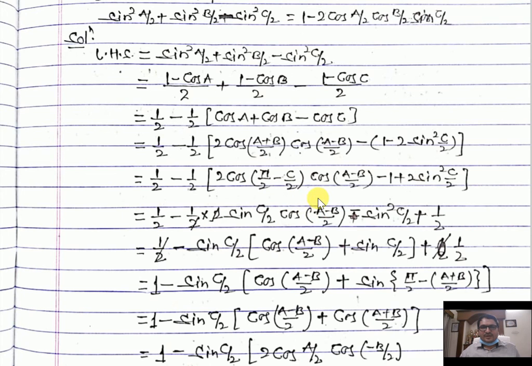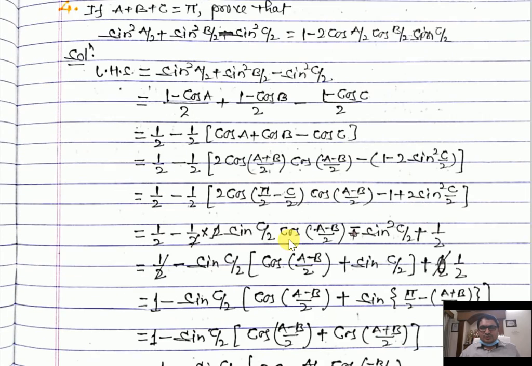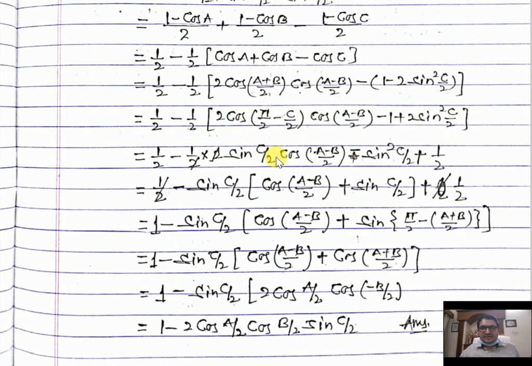Again the same result, a plus b plus c equal to pi. So pi upon 2 minus c upon 2, cos 90 minus theta is sin c upon 2, again cos a minus b upon 2 is given, minus sin square c upon 2 plus half.